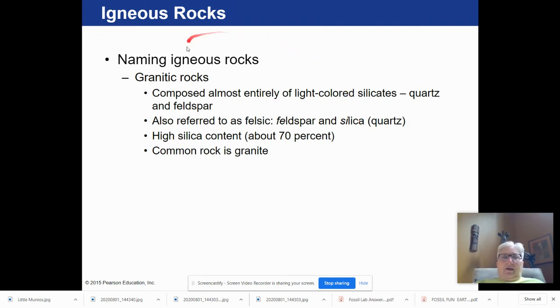But we classify according to that particular system. Now, one of the 3 types of rocks are igneous rocks. And we will name those igneous rocks according to whether they have more granite in them. And granite has a very high silica content, which means it's glassier looking, shinier.